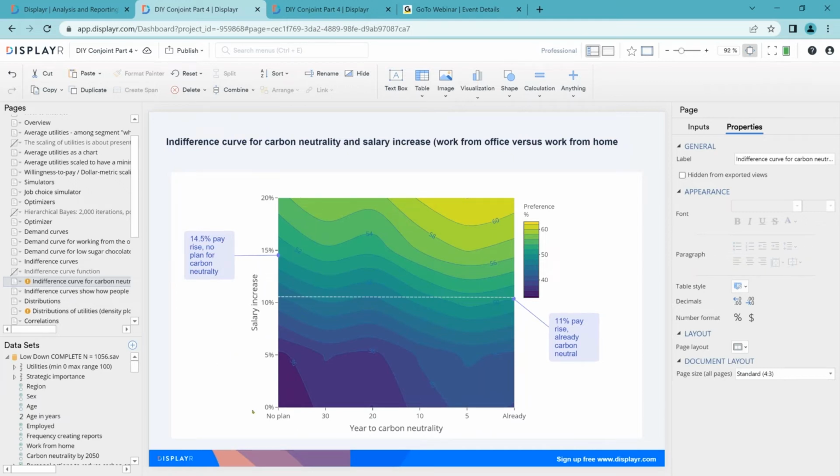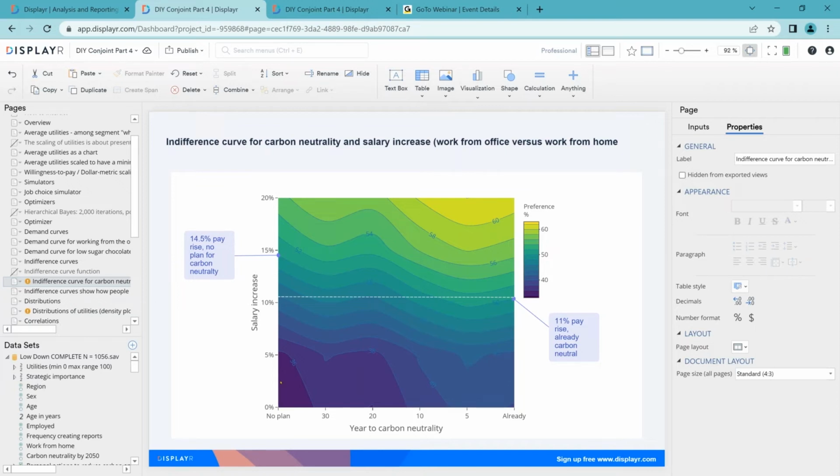Now, this far left bit of the curve is actually the same information as our demand curve. The way we read it is if a company's got no plan to be carbon neutral and is offering a 0% salary increase, the proportion of people who will prefer that compared to working from home is around 36%. It's a little under 36%.